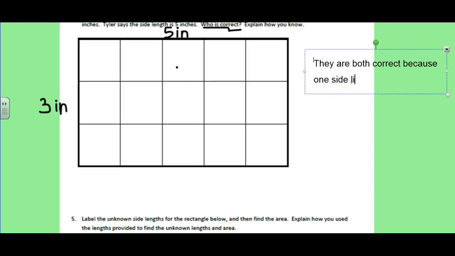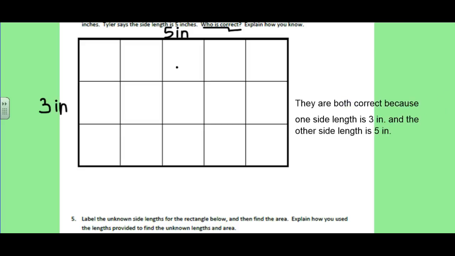Well, we know that one side length is 5 inches, and we know that one side length is 3 inches, so they are both correct because one side length is 3 inches, and the other side length is 5 inches.